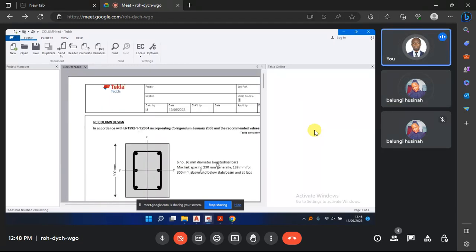Somewhere they are showing 16 number, 16 millimeter diameter longitudinal bars. Maximum link spacing 230. Generally 138 for 300 millimeter above and below the column, the slab, the beam, and at laps. Okay. So that statement is very important.